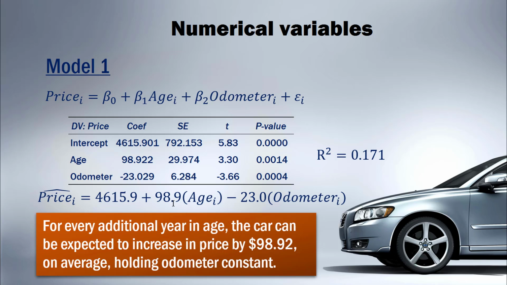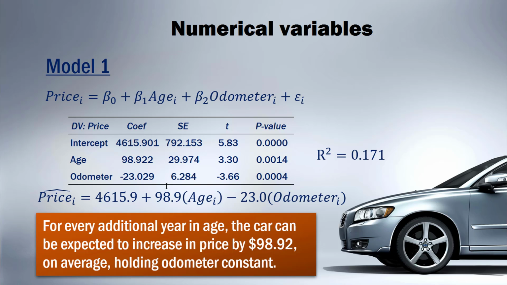Now, that already might be rubbing you the wrong way, because I imagine you'd think that for an older car, you'd expect a price that's a bit lower than the newer cars, right? So as age increases, you would expect the price to go down, which is not what's being shown here. So that might be your first indication that something is not quite right with this model. But let's just hold that over for the moment.